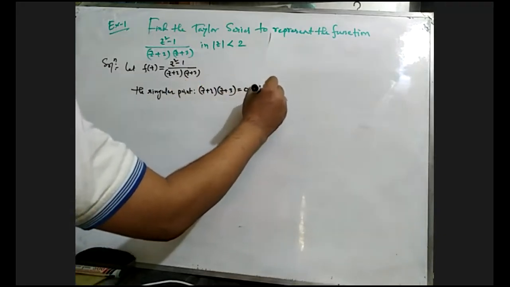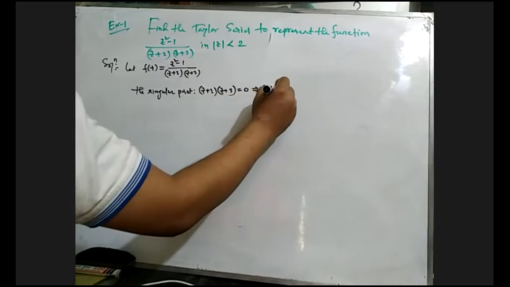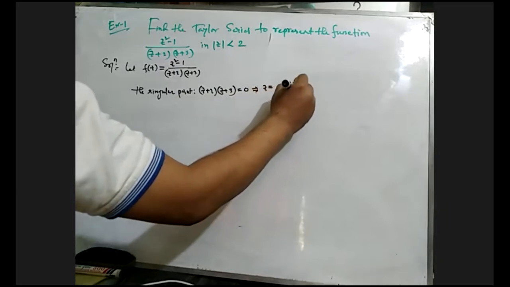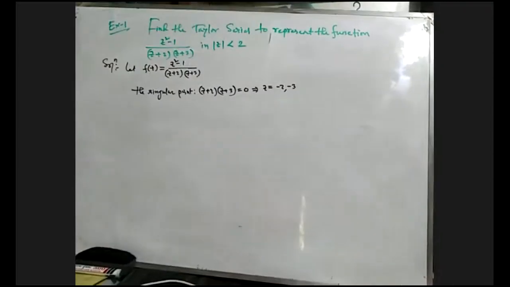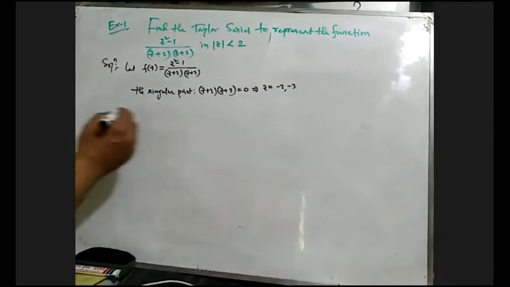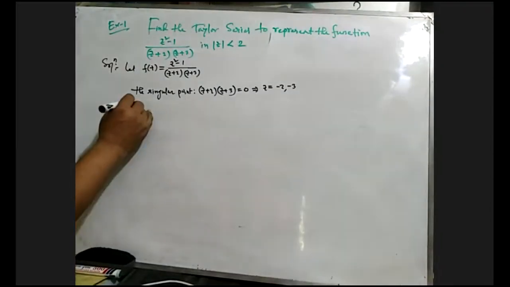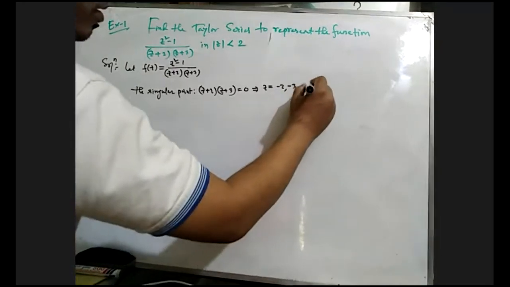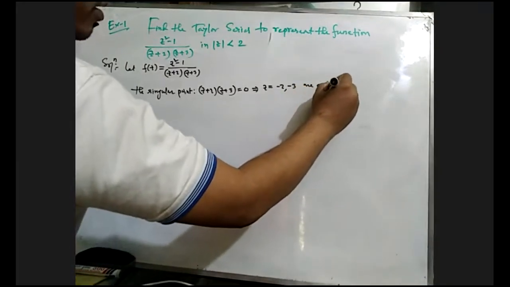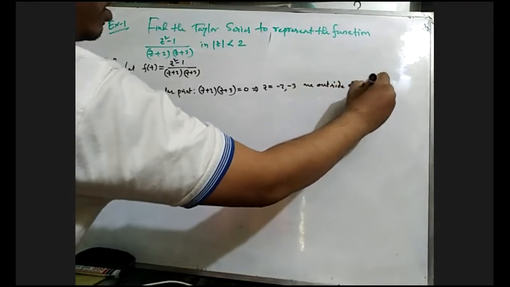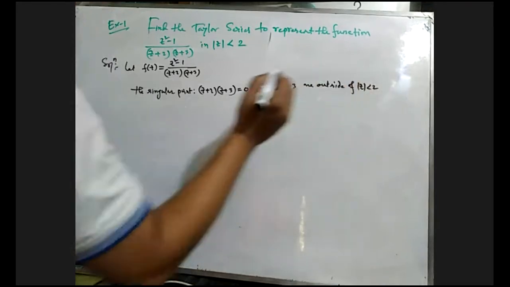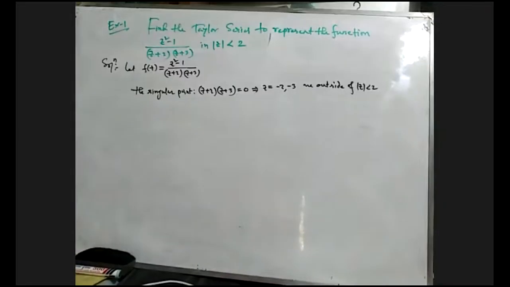That means z equals what? Minus 2 and minus 3. And these two values are outside of the given circle with radius less than 2.